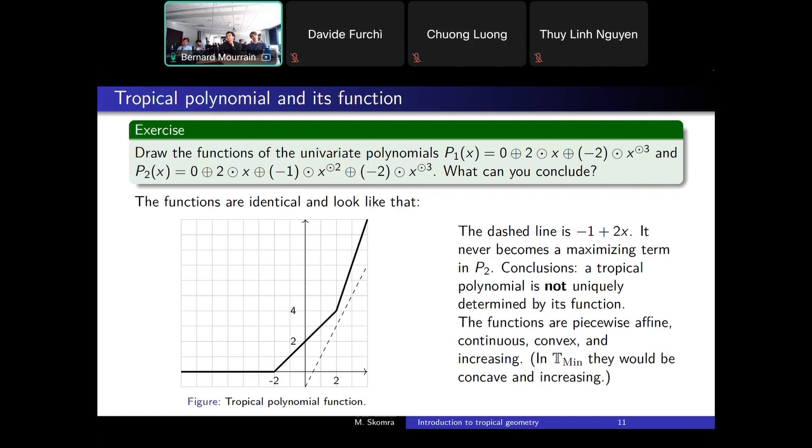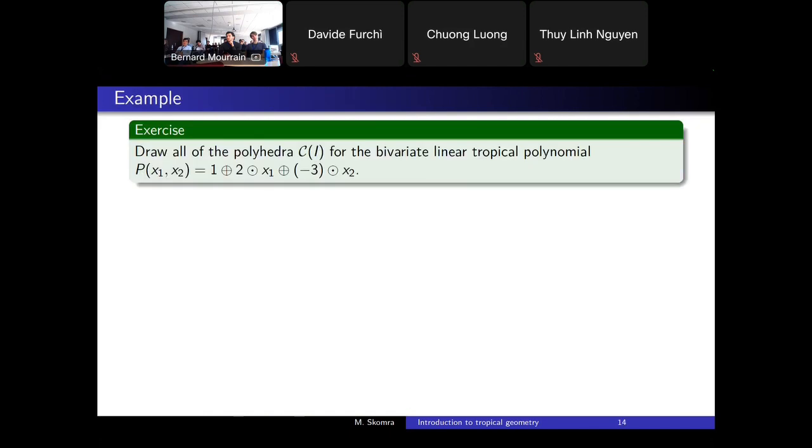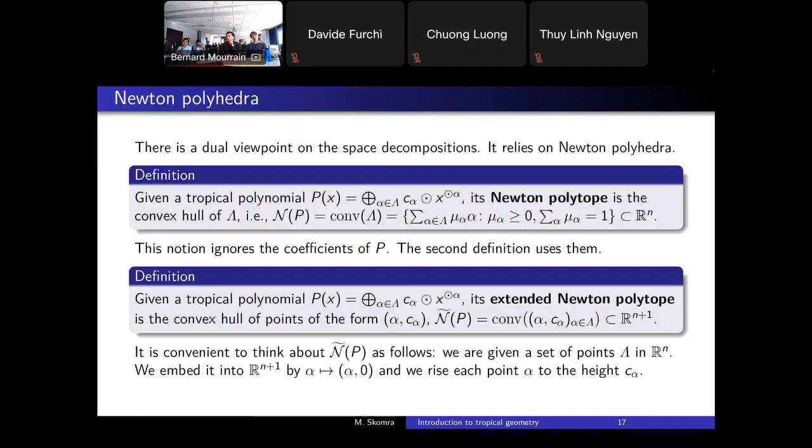However, it's not differentiable precisely at this point and at this point. And the definition of the tropical hypersurface is the set of points at which the maximum is achieved by two terms. Here it's the first two terms, and here it's the last two terms. So this is why these two things are equivalent.